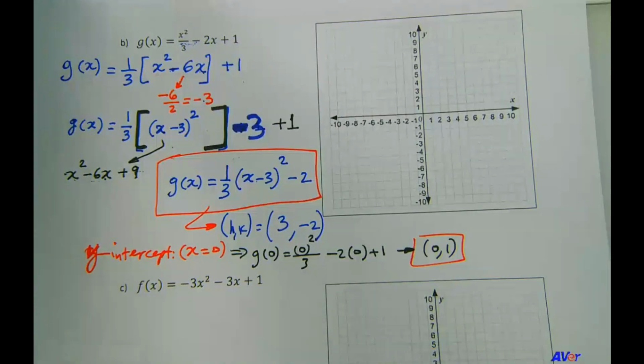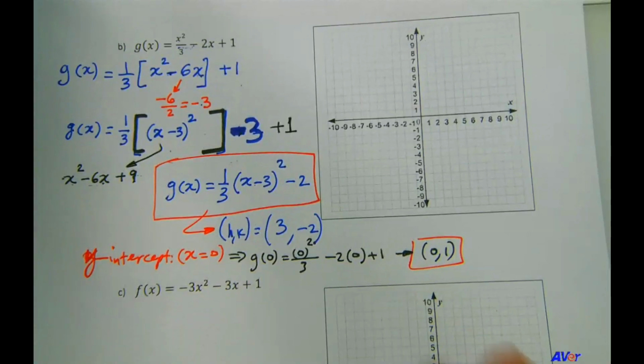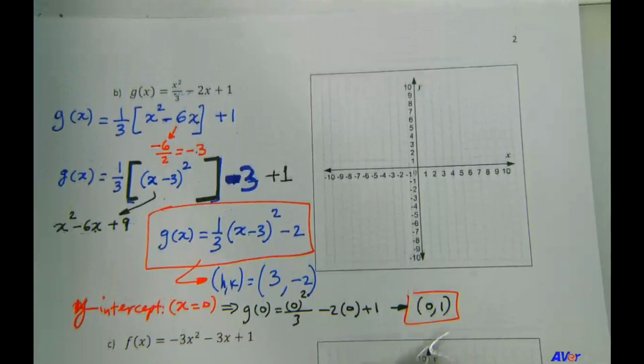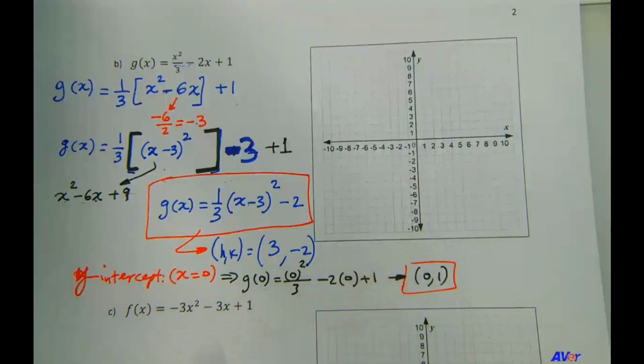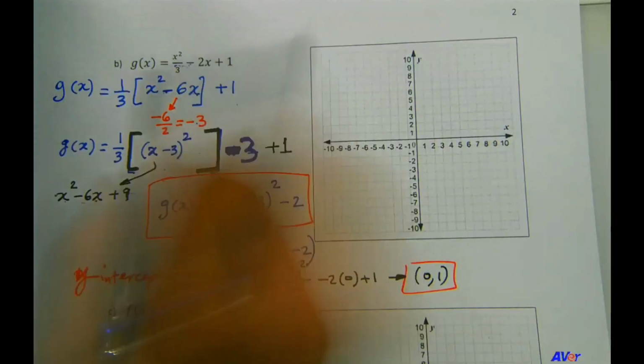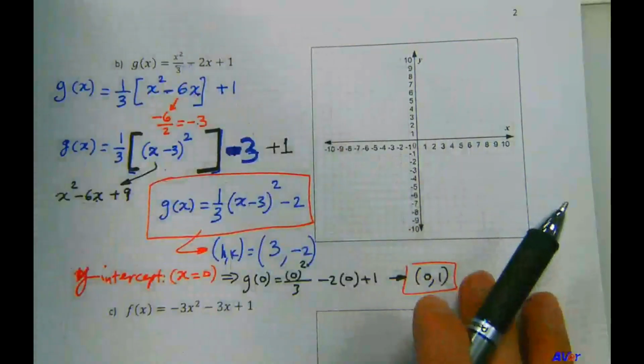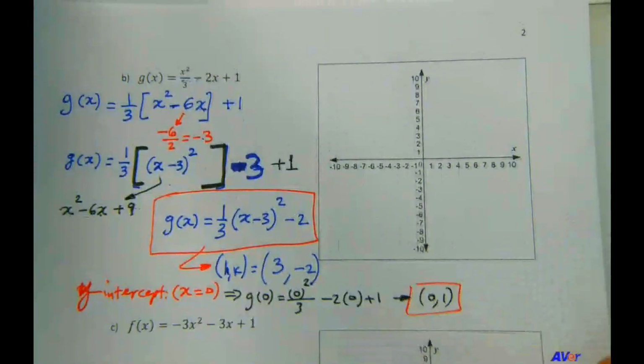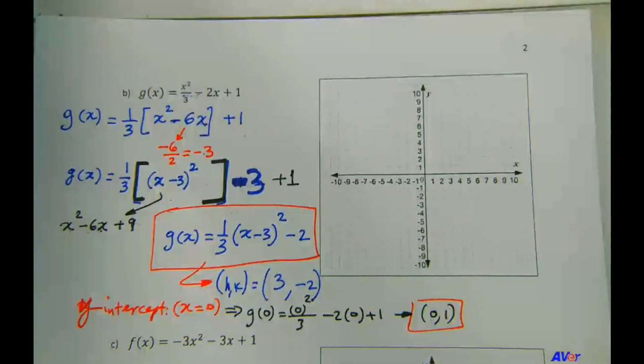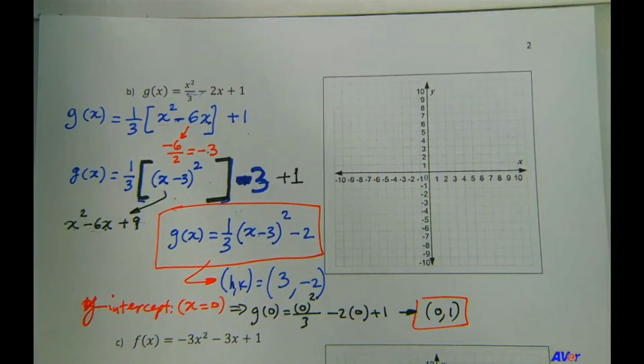The x-intercepts are not complex, so let's find those too, right? Because I'm running out of room here, I'm going to put the x-intercepts calculation up here. I hope you don't mind. Okay, you can see it all on the screen now, which is good.